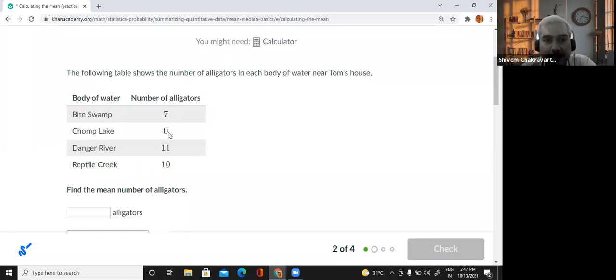So this many alligators are in each lake. Here it is 7, here it is 0. So find the mean number of alligators. Again, you will sum this up and divide by the number of lakes. This will give the mean number of alligators.